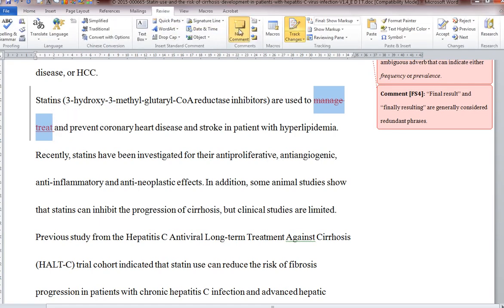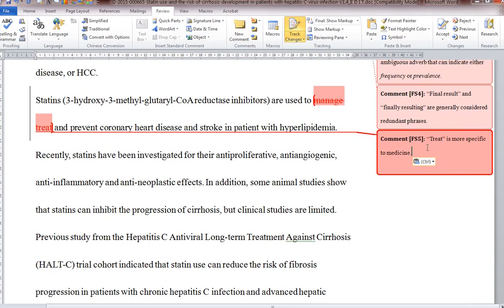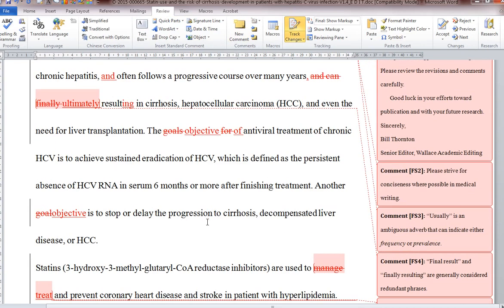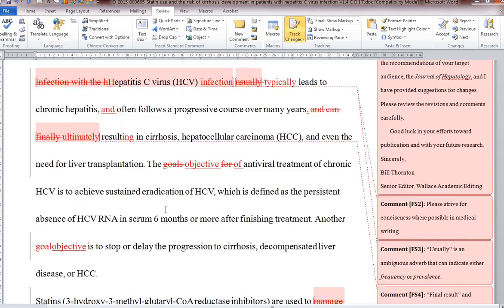Sometimes during the editing process, particularly during commenting, I'll realize that I forgot to comment on something else. Now, what I could do in such instances is make some sort of highlight note to myself.